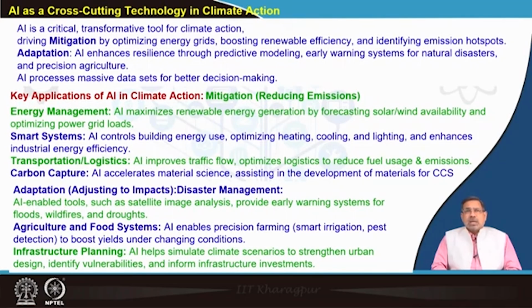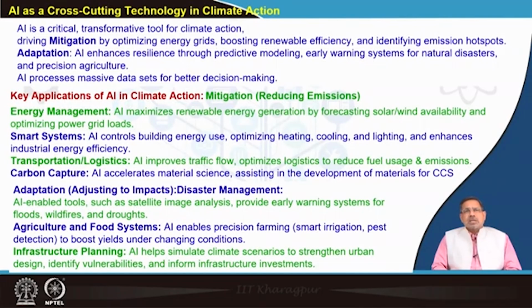Precision agriculture is also one of the adaptation tools, which means AI helps in adapting as far as precision agriculture is concerned. So AI processes massive data sets, which is one of its characteristics, for better decision making.